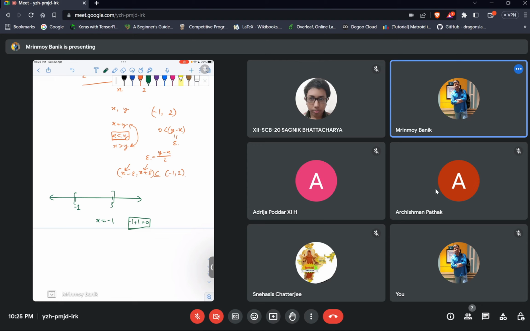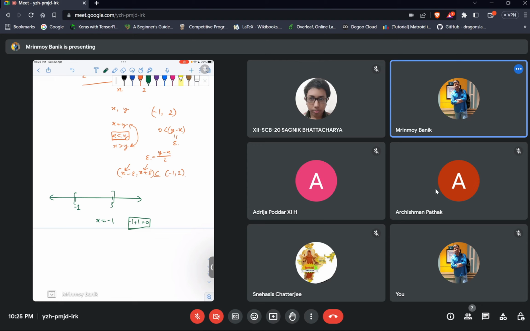A set is closed if there are numbers in the set such that every ball around that number has numbers inside the set and numbers outside the set.